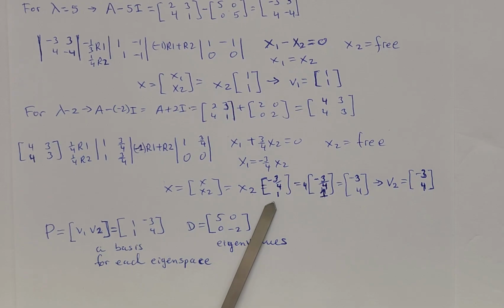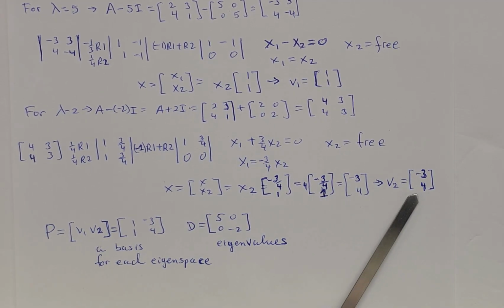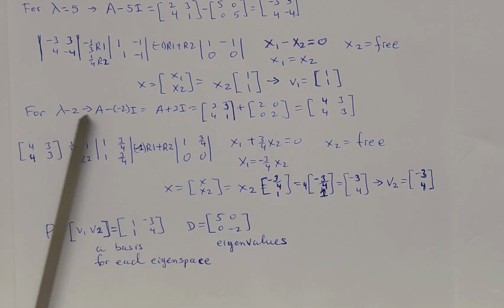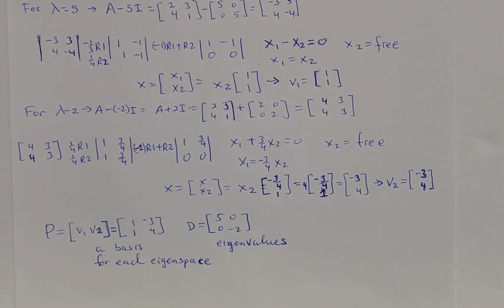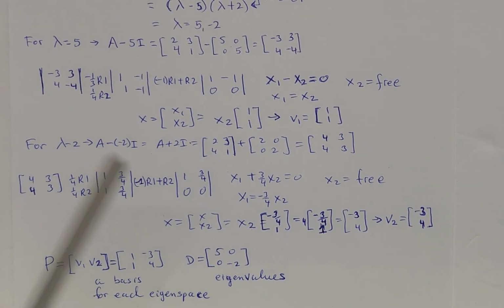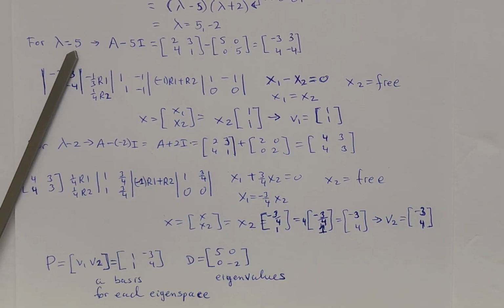Now I don't want the fractions, so multiply by the denominator, which is 4. Multiplying by 4 gives me -3. Multiplying by 4 gives me 4. So our second vector, which is this, corresponds to lambda -2. Okay, so going back, this is the first vector that belongs to lambda 5.